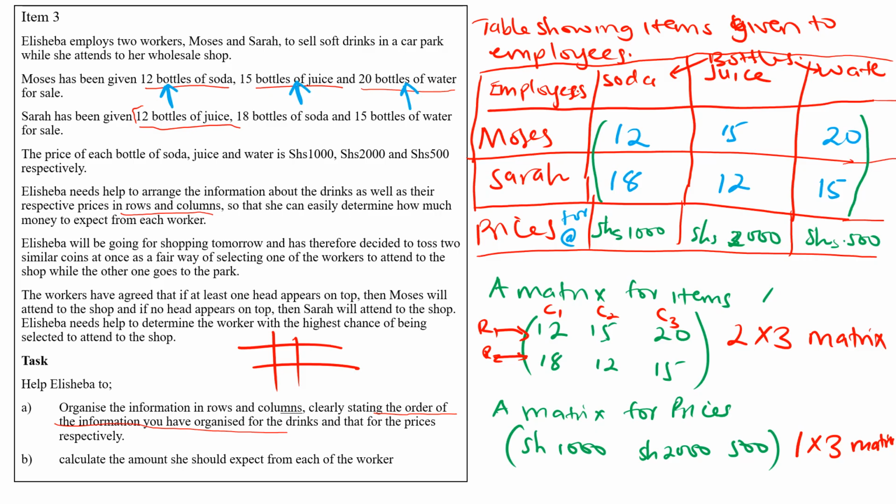The matrix here is 12, 15, 20, then 18, 12, and 15.